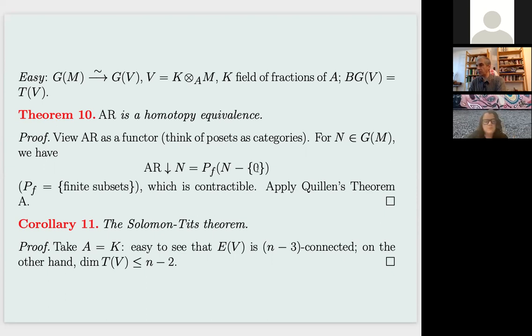And this partially ordered set is contractible. So the proof is finished.